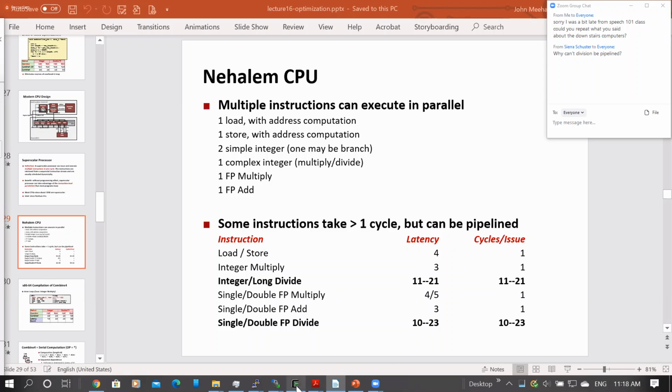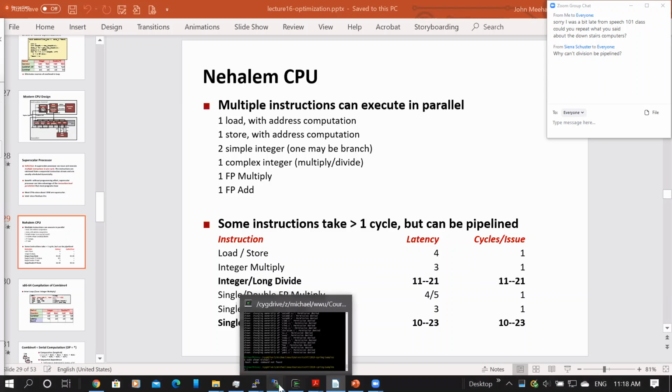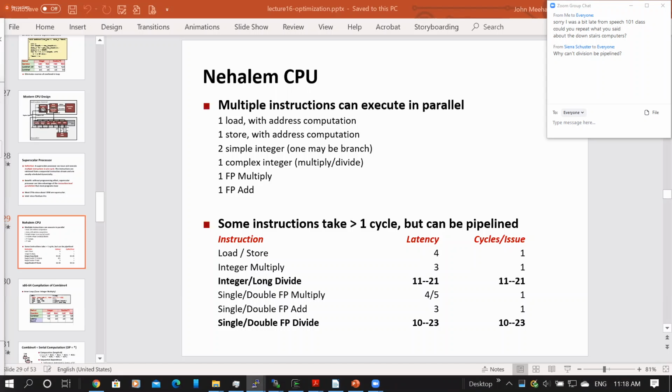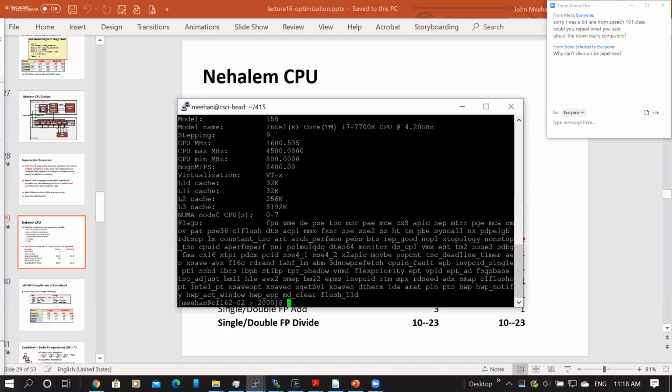I guess I didn't show you how you get this information. But here's one of the ones downstairs. This is in lab 162. And if you do the command lscpu, it shows you what model the processor is.